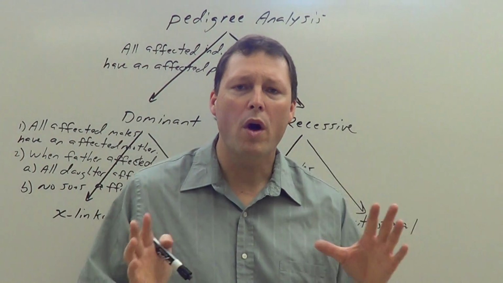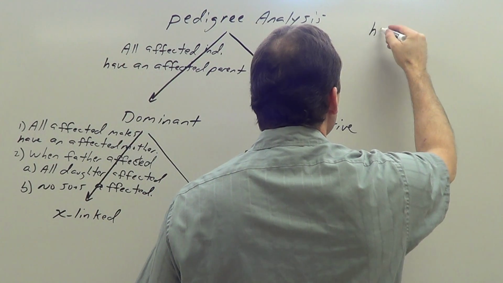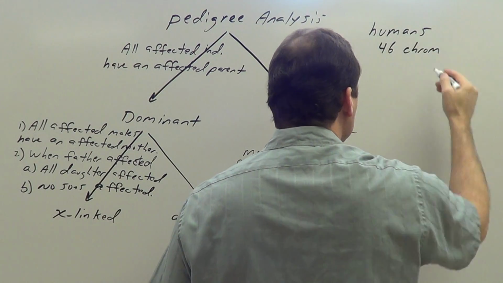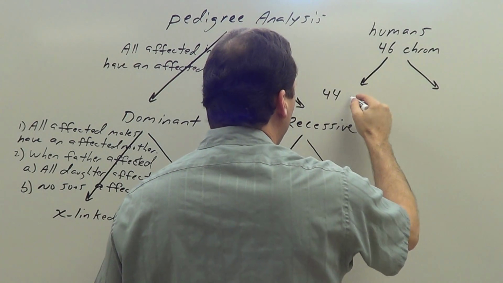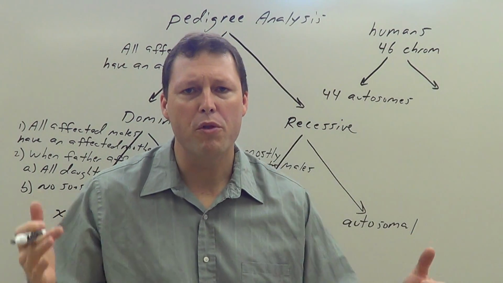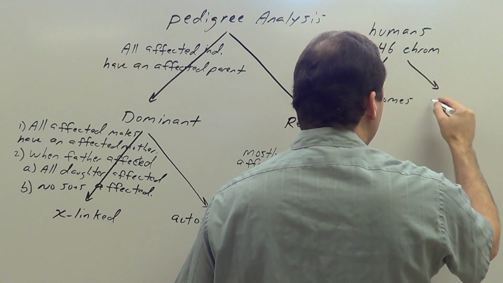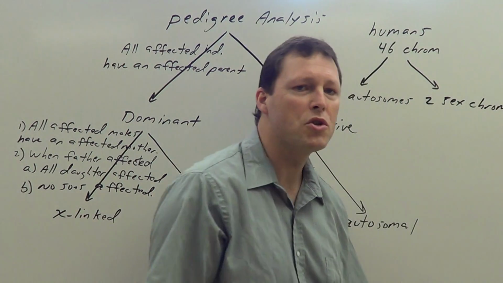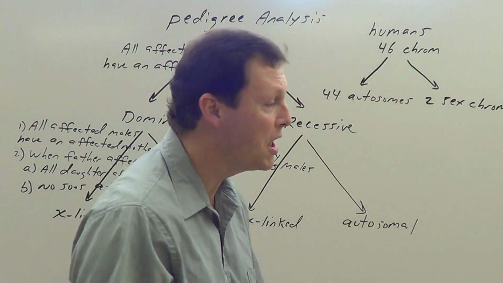Now I want to go ahead and give you one more small flow chart to talk about chromosomes. So let's go ahead and write that here. A normal human has 46 chromosomes. And out of those 46, 44 are going to be what we call autosomes. Autosomes are chromosomes that both males and females have in common. The other 2 chromosomes are going to be sex chromosomes. And these sex chromosomes, just like their name implies, have to do with sex determination.